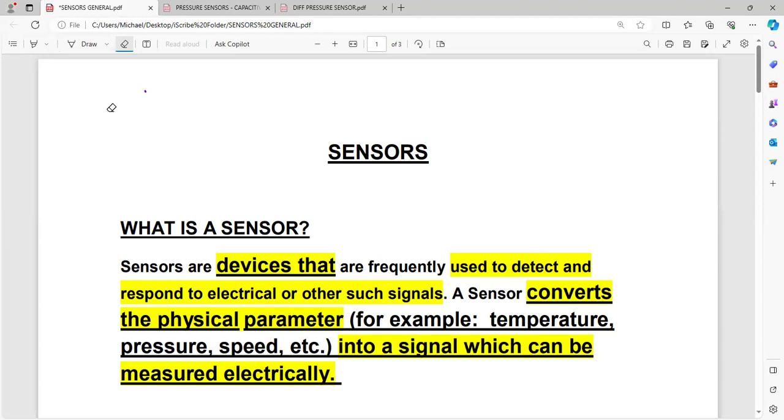Anything to do with pressure, speed, temperature. Any physical parameter like that is converted into an electrical signal, and that electrical signal can be read at a remote position. So you're converting a physical parameter into an electrical signal, and that is what a sensor is. So please take a screenshot of this.